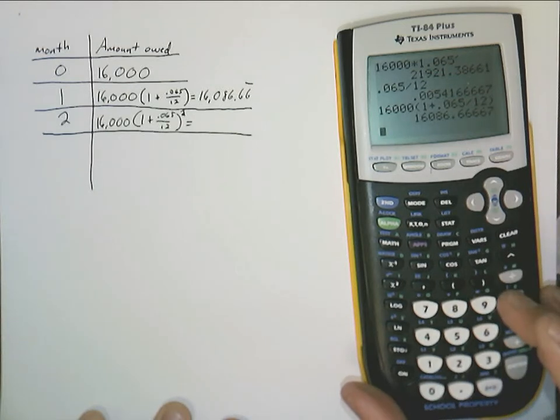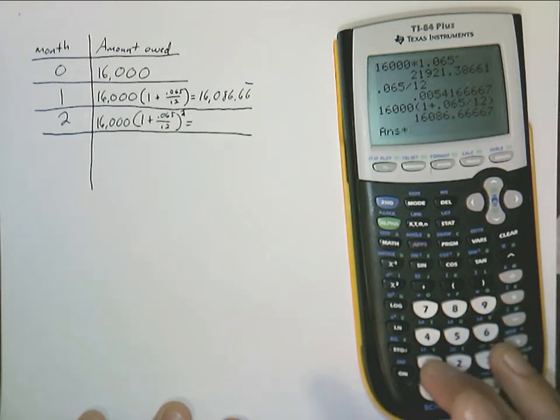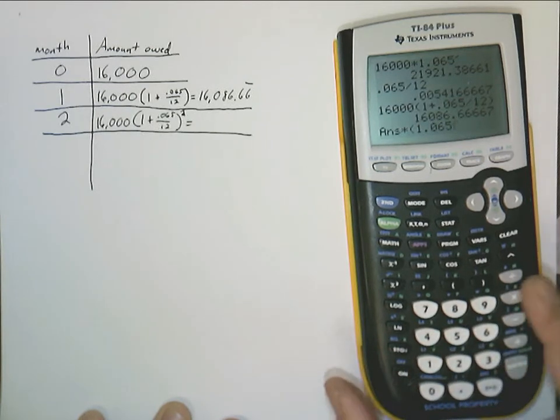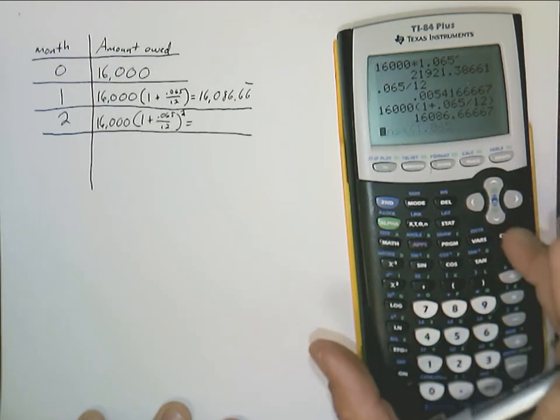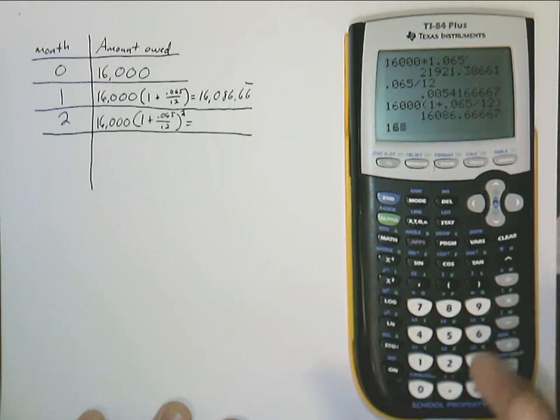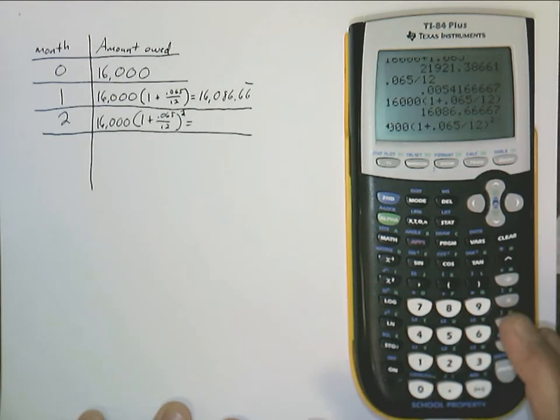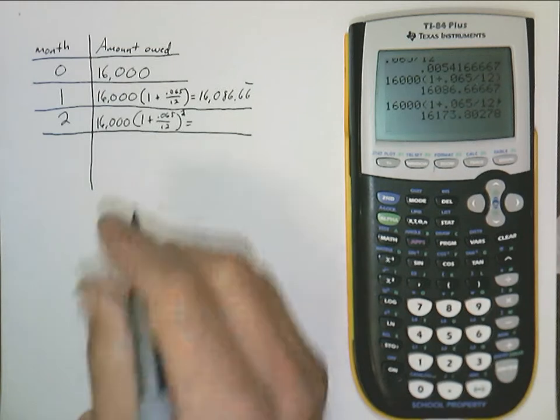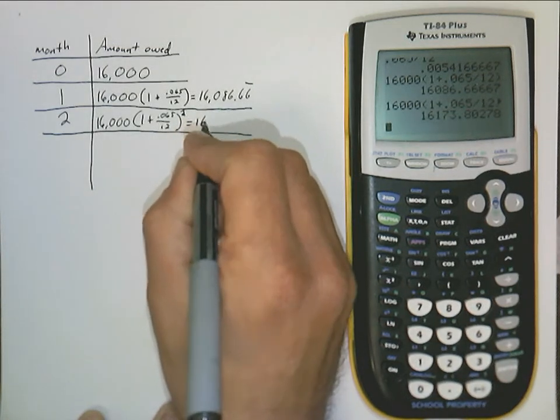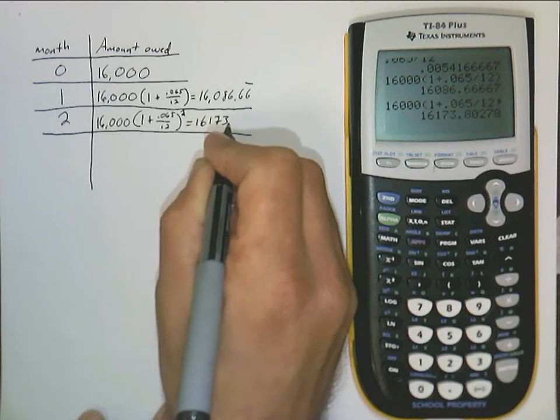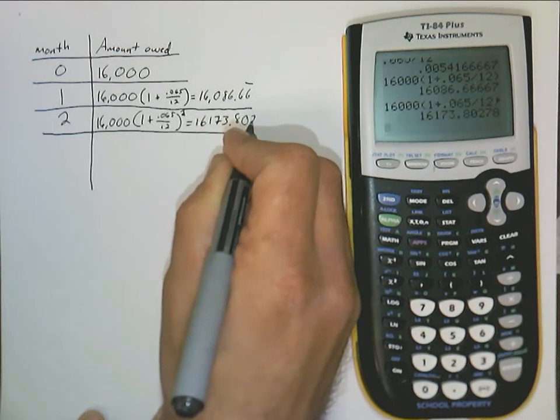So we multiply this by another factor, let's just times 1 plus 0.065 divided by 12 to the power of 2. So that's this amount. And these amounts really aren't that important because what really matters is the calculation at the very end.